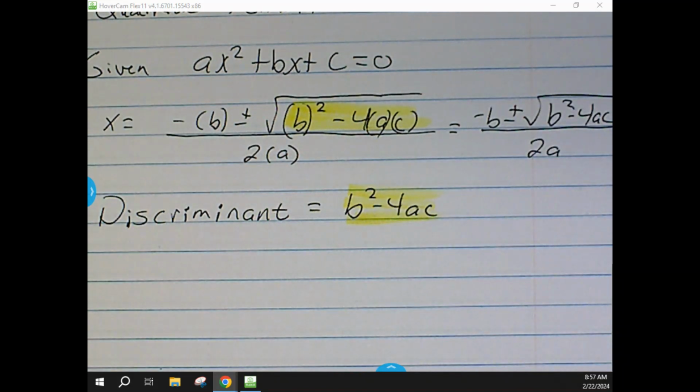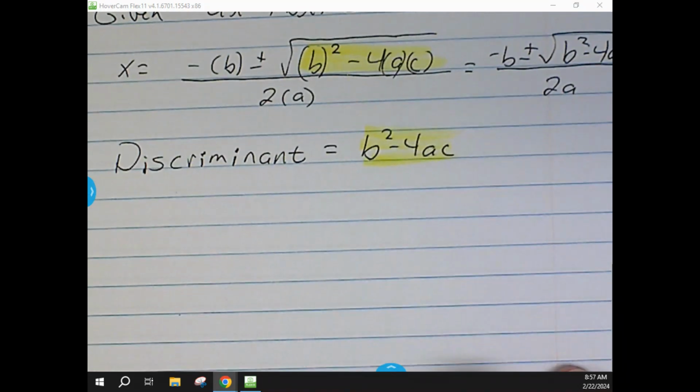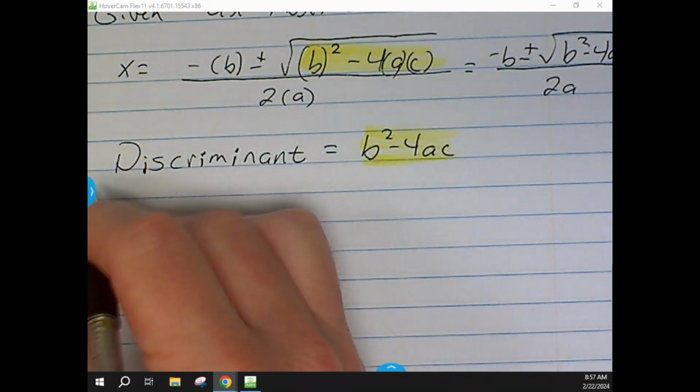Okay, so the biggest thing you want to do for this part, and here's why this is important: based on what the discriminant is, it's going to tell you how many answers you're looking for. And here's what we're looking at.